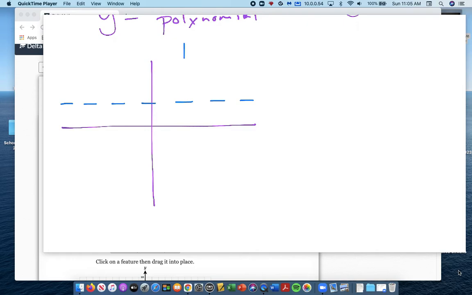And then there's a vertical asymptote that goes like this. Then you get a graph that goes like this, and another graph that goes up here. So it splits because these asymptotes, remember, are the walls and the ceilings. The one other thing that might happen is you might get what's called a hole. So there are some significant things we need to look at in these.